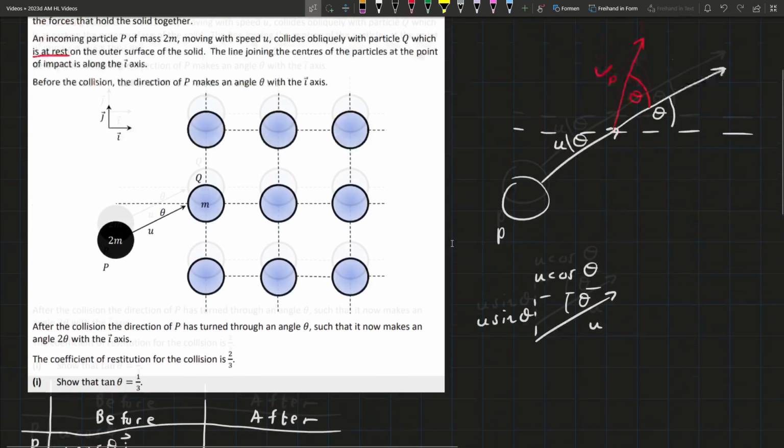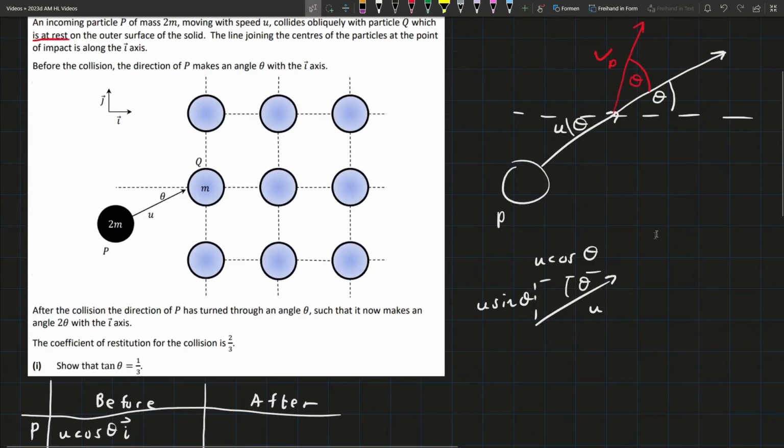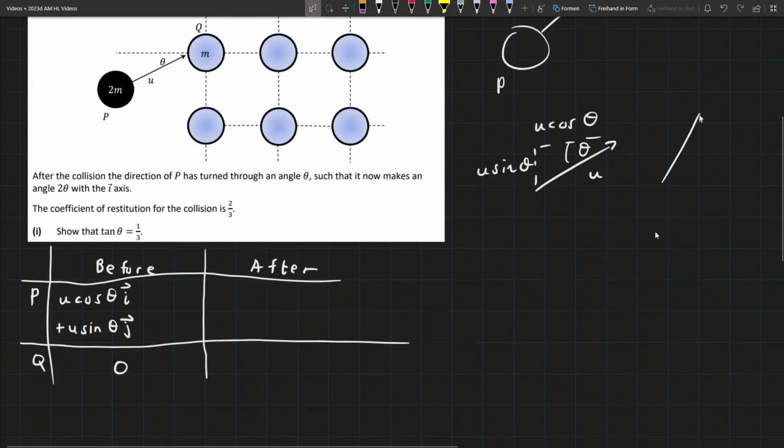Afterwards, we can call the final velocity of P, VP. And then we know that this angle here will be 2 theta, which means this will be VP cos 2 theta, and this one will be VP sin 2 theta.